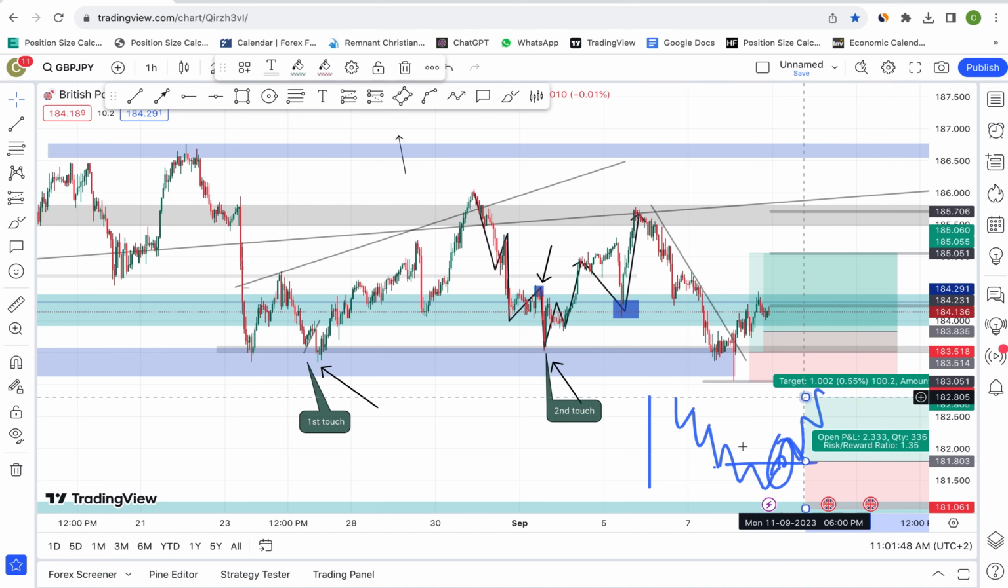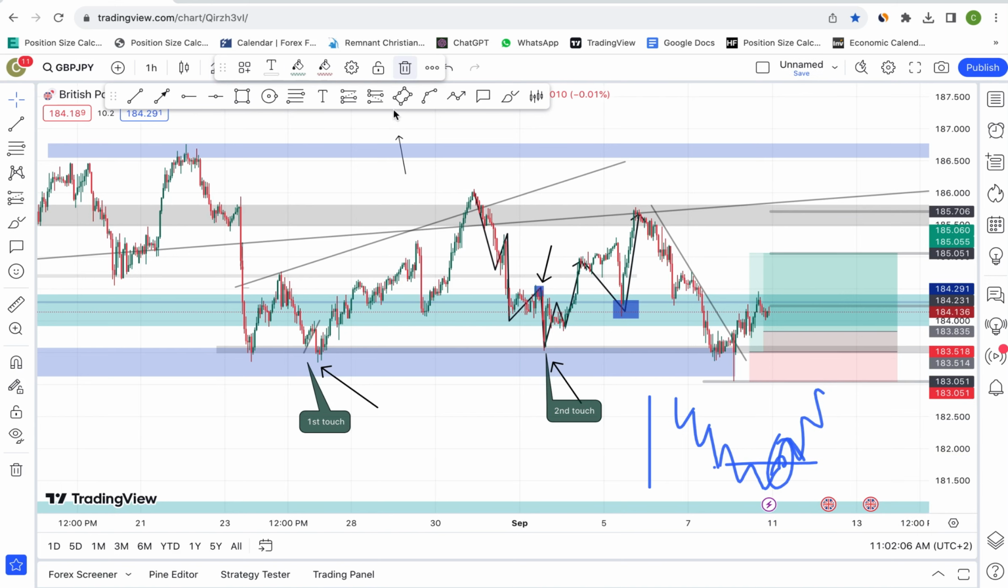Another thing is, when you buy here, let me finish what I'm saying. When you actually long here after this retest, you don't wait for it again. Once you see this retest, knowing that it has given us our retest, you buy here.